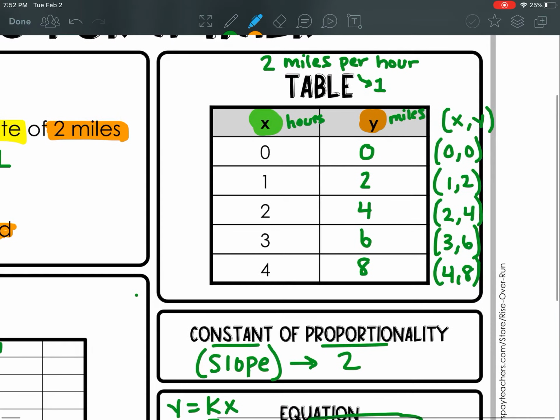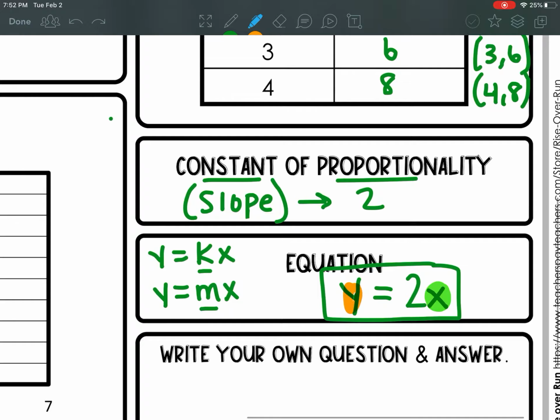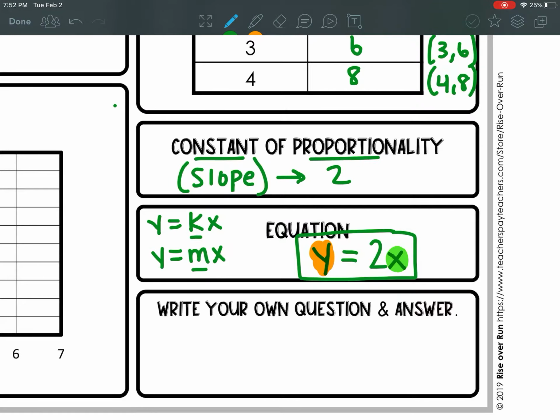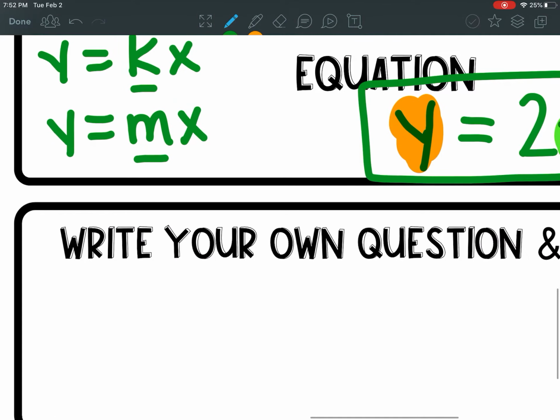Now, in orange, I highlighted the y, miles walked. That was our y-axis on our graph. That was our y in our table. And now it is our y in our equation. So if we wanted to use this equation, I'm going to write my own question here.